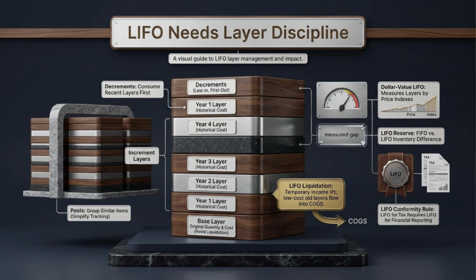Advanced last in first out topics include pools, dollar value last in first out, the last in first out reserve, and the tax conformity rule. The logic is simple, but the records are technical. Last in first out without a clean layer schedule is like a warehouse with no aisle labels.